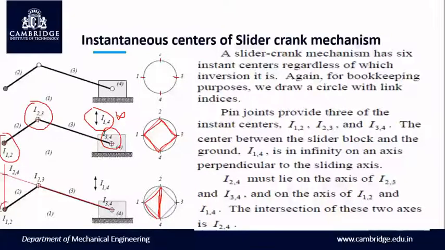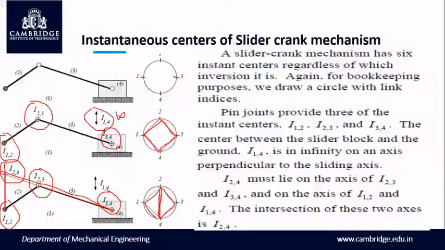I12 is at this point and I14 will be a vertical line, so I need to draw a vertical line at this junction. Then I23 and I34. I23 is a permanent pin joint or permanent center, and I34 is here. So joining these 2 instantaneous centers and producing a line, wherever these 2 lines intersect gives you instantaneous center 2, 4.